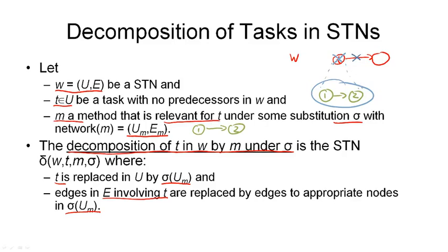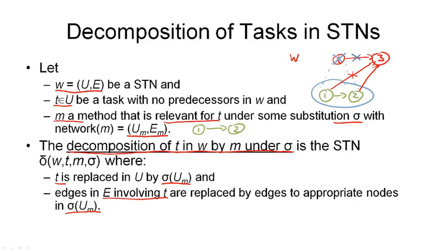And we can replace this with edges to all the newly introduced nodes. So we have to have an edge here and an edge here. But because we already have this edge, there's no need to have the second edge. So we can actually omit that if we wanted to. And in this example, the resulting network would be the sequence consisting of the node 1, 2, and this final node here, which I'll call 3.